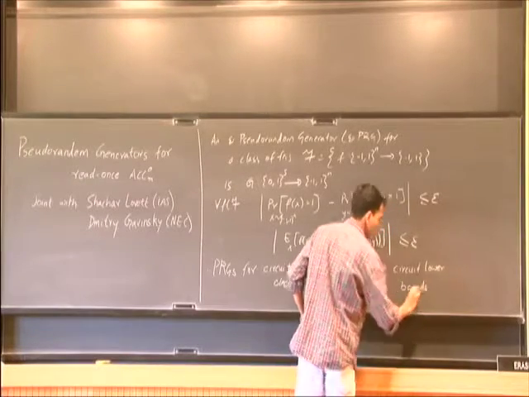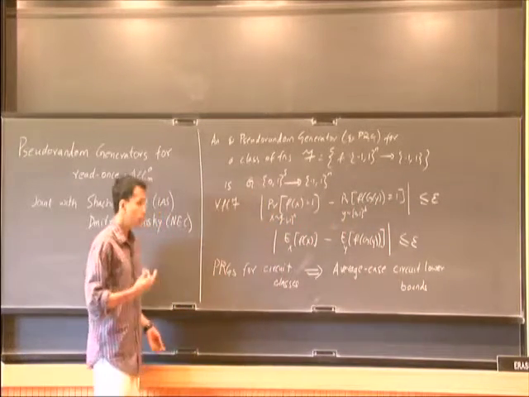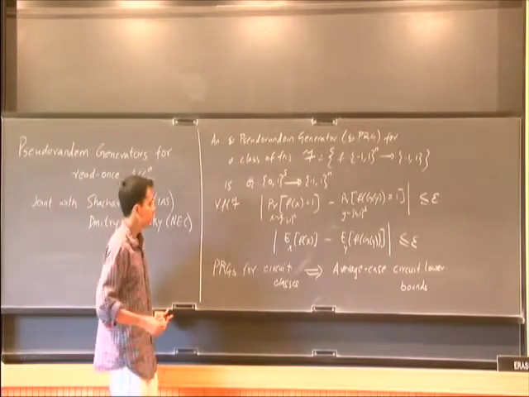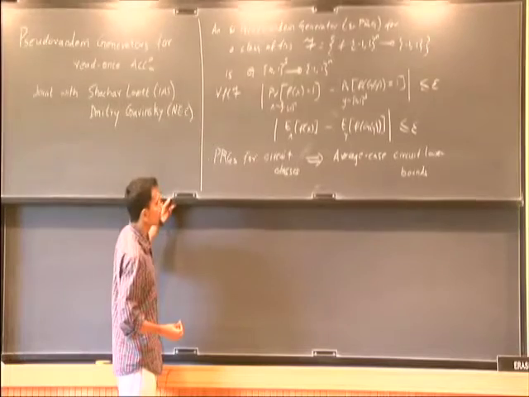They yield Boolean functions that cannot be computed even on average. So this is why this is a fairly hard problem.